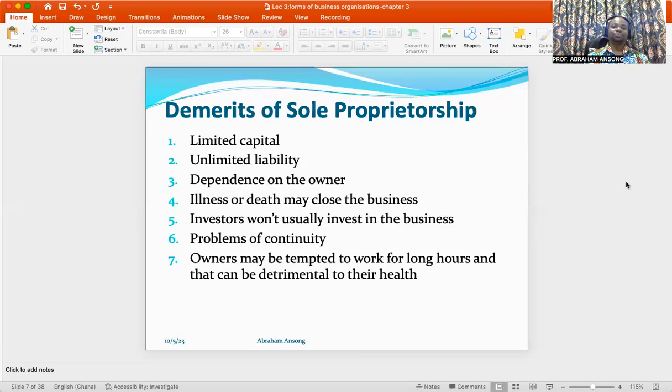As much as that is good, the disadvantage is that you may be tempted to work longer hours, because you know that if the business is profitable, all of those profits come to you. So there will be a lot of passion and zeal to work hard. At the end of the day, it could have a negative effect on your health.